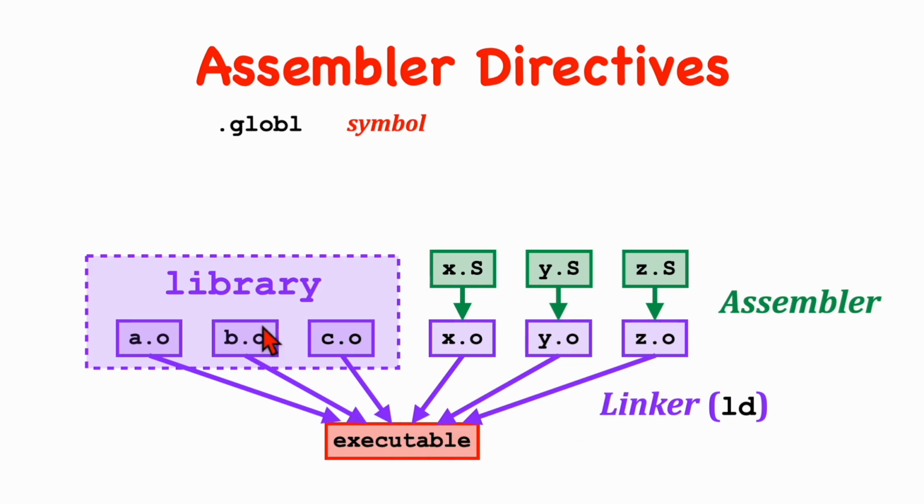So the linker will look at the library and include whatever object modules are required by the code of the object modules of your program. So that way you can include something that you use, like the square root function, but not include something that you don't use, like the sine function. For example, you constantly will be using the printf function in any C program, and that would be a library function.